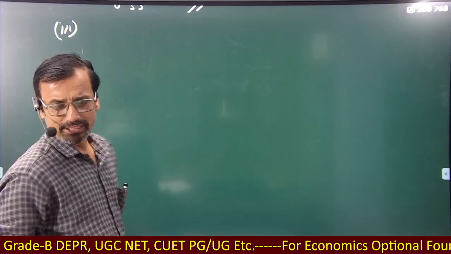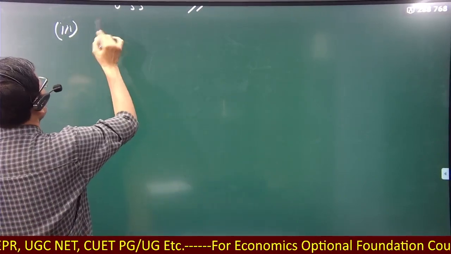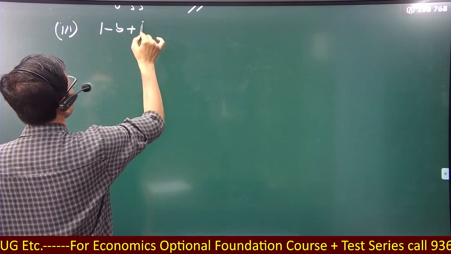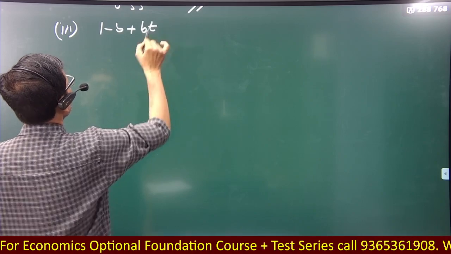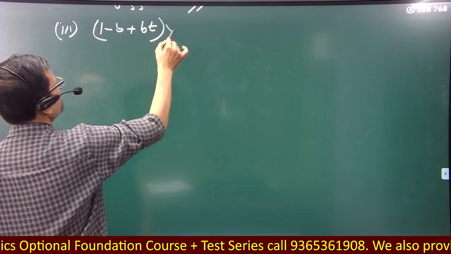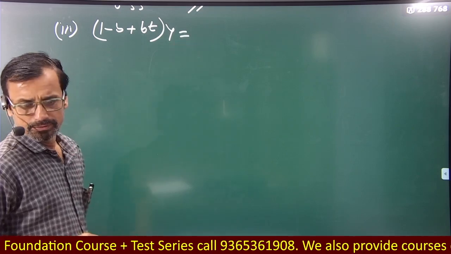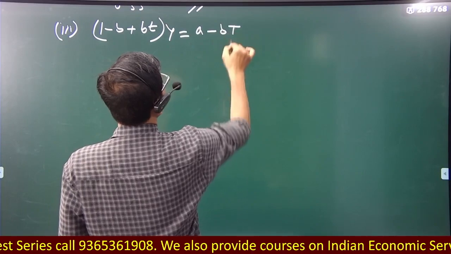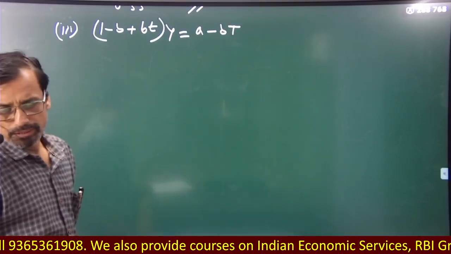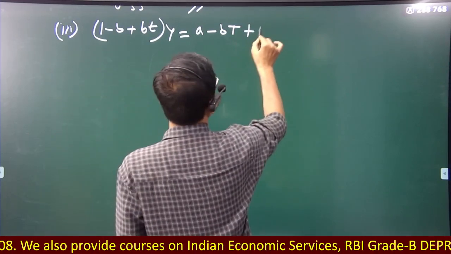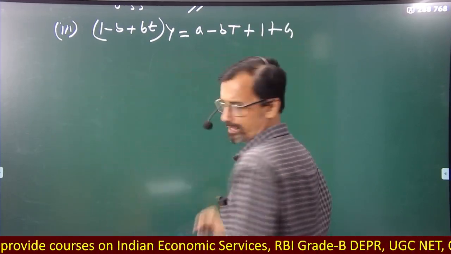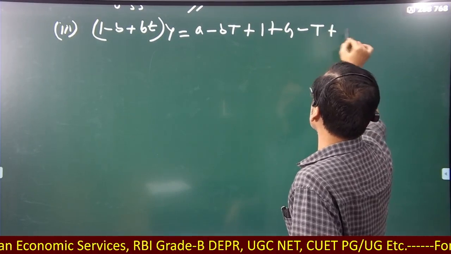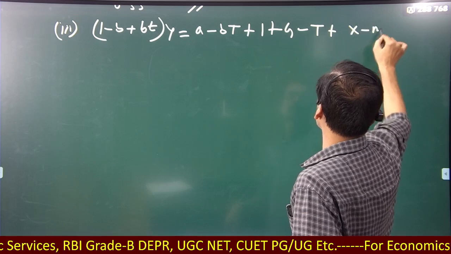Already we have the same equation after taking taxes, 1 minus B plus Bt, this one Y, and A minus Bt, investment plus government expenditure minus autonomous tax plus export minus import.